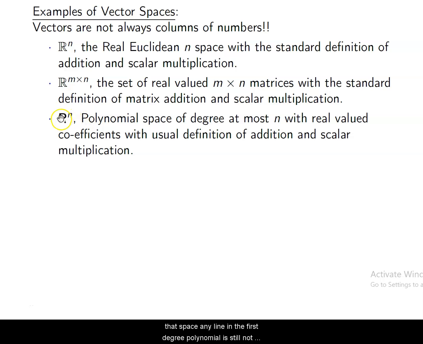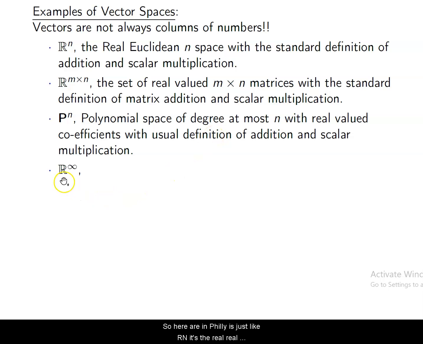Any line, any first degree polynomial is still in that space. And any third degree polynomial is also in that space. Okay. So here for Pn, you have real valued coefficients, and the way that you regularly add polynomials together and the way that you generally multiply them by a scalar value are our definition of addition and scalar multiplication.